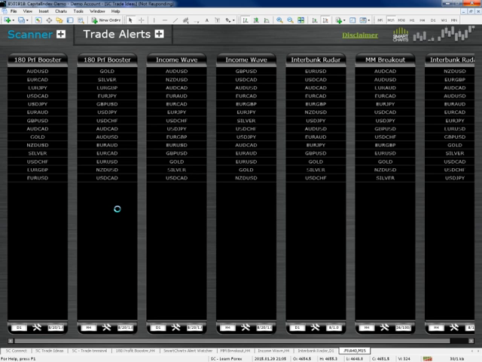So the risk won't change, still going to be 1% of your account, and the reward will be 2%, so it's double. Then you can also do 3-to-1, 4-to-1, based on the same principle, the same ratios.